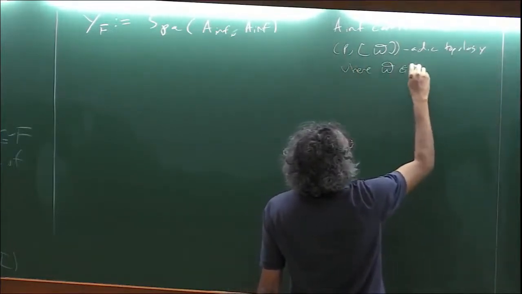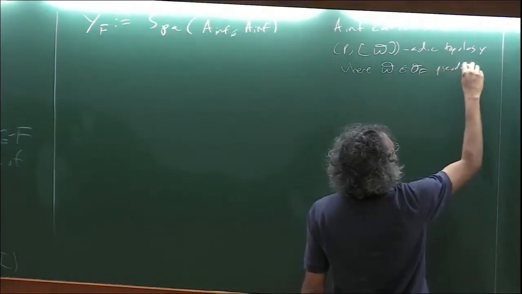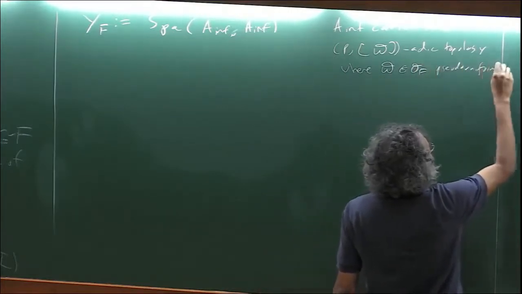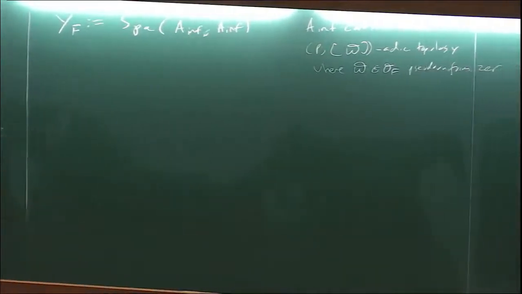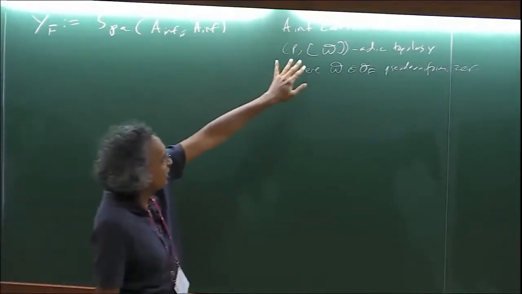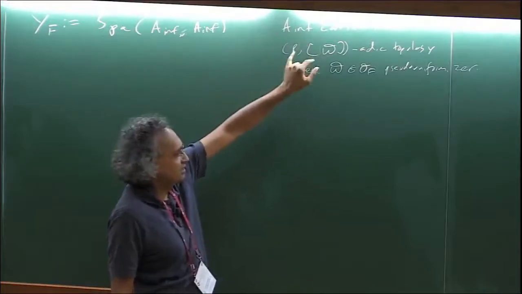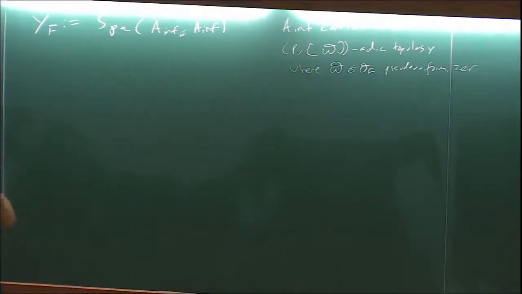varpi is a pseudo-uniformizer. It doesn't matter which one you pick. I just need some way to make an ideal whose radical is the maximal ideal, but which is finitely generated.